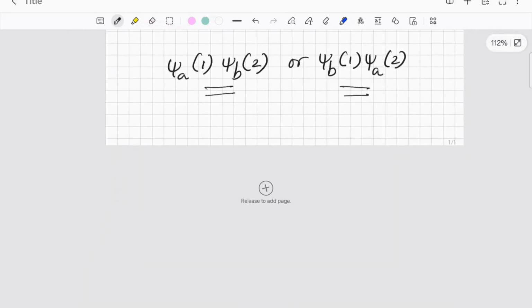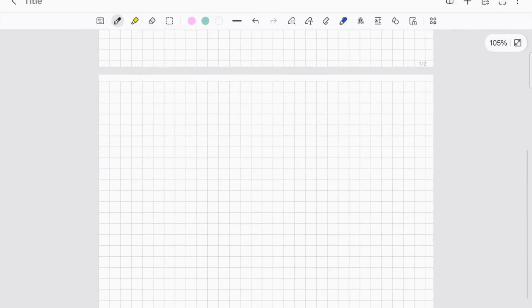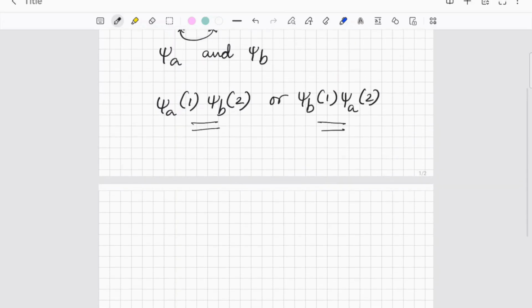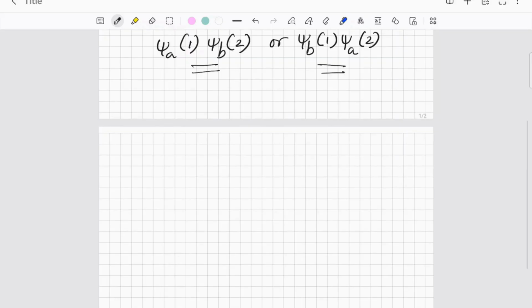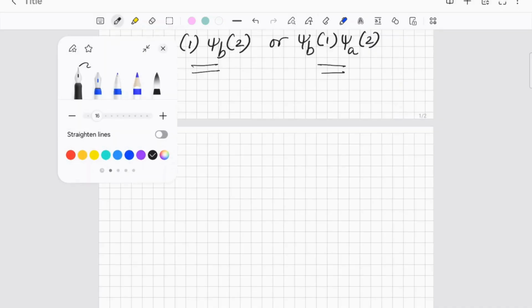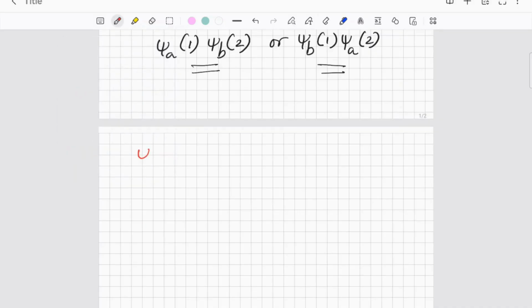So how can I write their combined state? Their combined state can simply be a linear combination of these two states. Let me write it. Psi of 1, 2 is the combined state of electron 1 and 2.